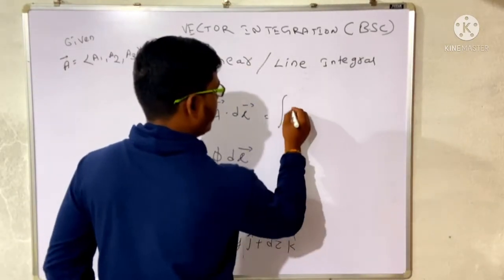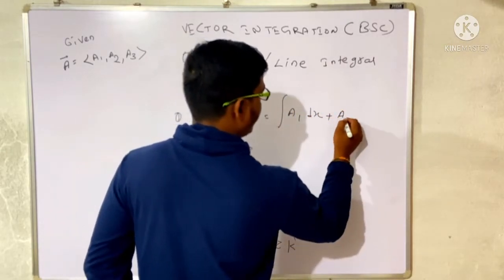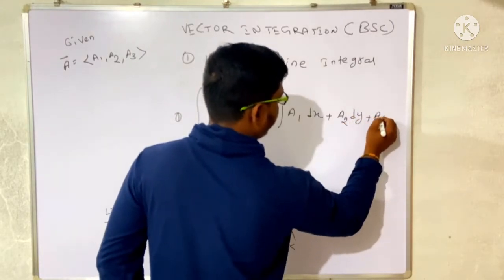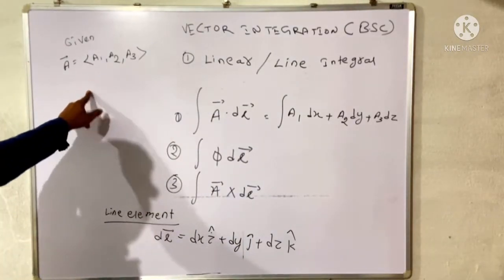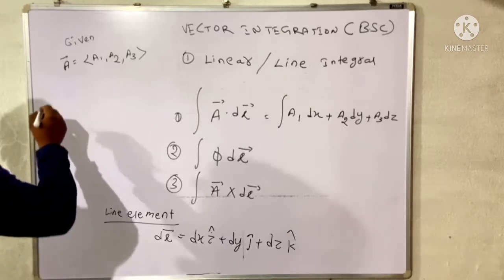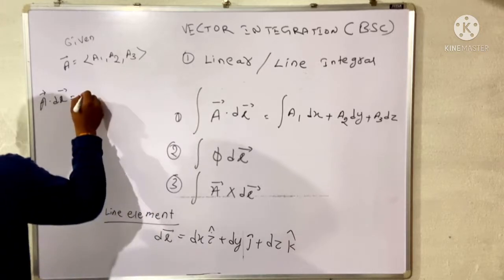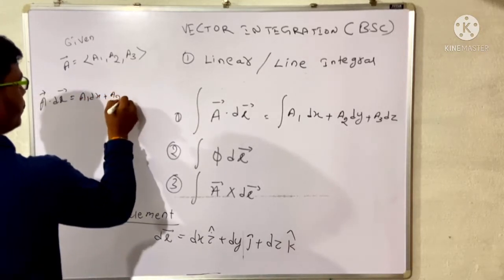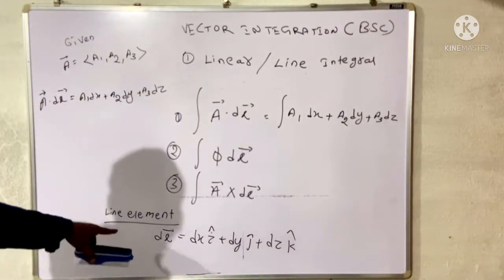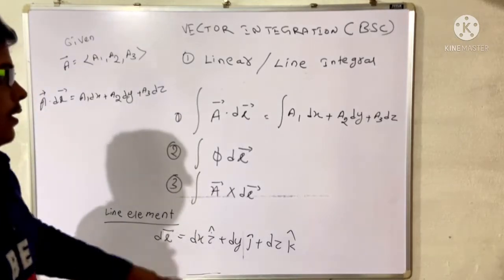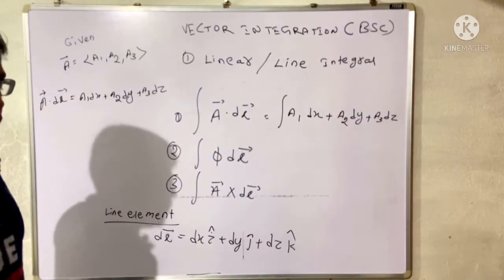This is nothing but the integration of a1 dx plus a2 dy plus a3 dz, because this is the dot product of the a vector with the dl vector. So a dot dl equals a1 dx plus a2 dy plus a3 dz.